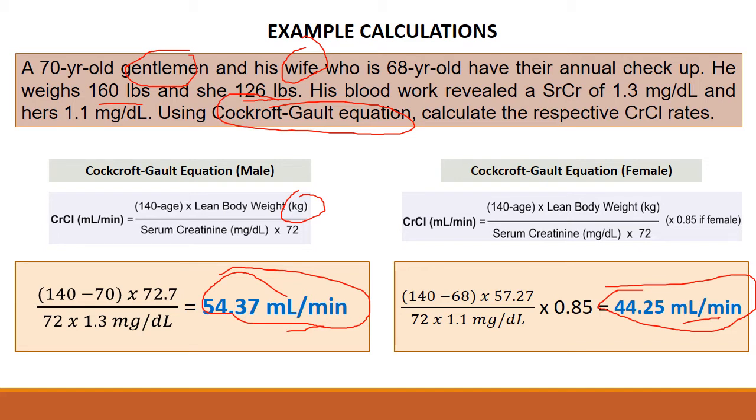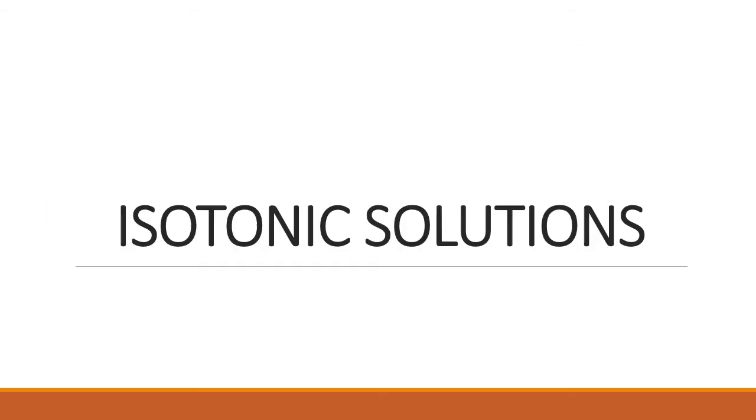We have to convert 126 pounds to kilograms, divided by 72 times the serum creatinine, which is 1.1 milligrams per deciliter, and times 0.85, which is the standard factor for our female in the Cockcroft and Gault equation. So our answer for our female patient's creatinine clearance would be 44.25 ml per minute. Okay, ml per minute for our units.